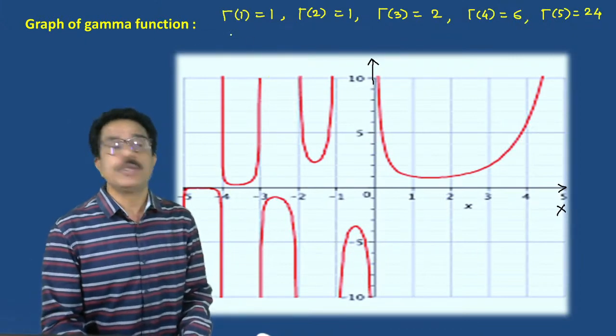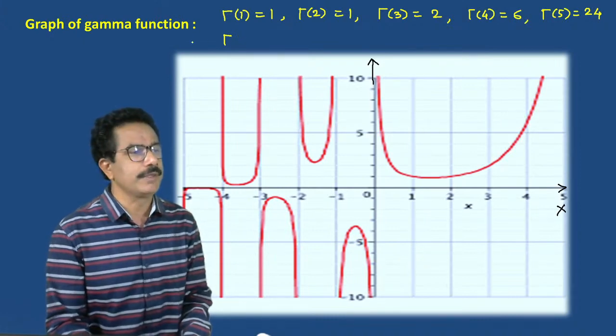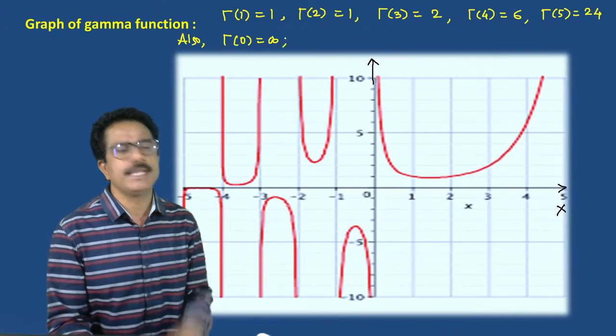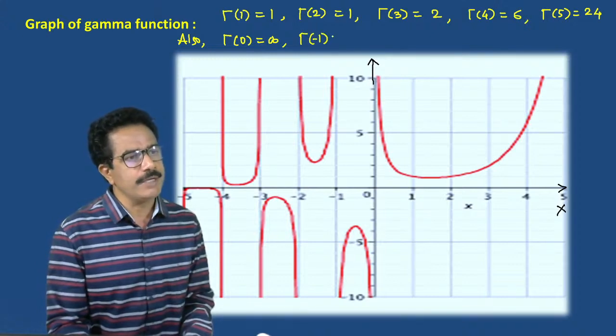Also, you know the negative values. Can you tell me what is the value of gamma 0? Gamma 0 tends to infinity. Again, we know that gamma minus 1 also tends to infinity.